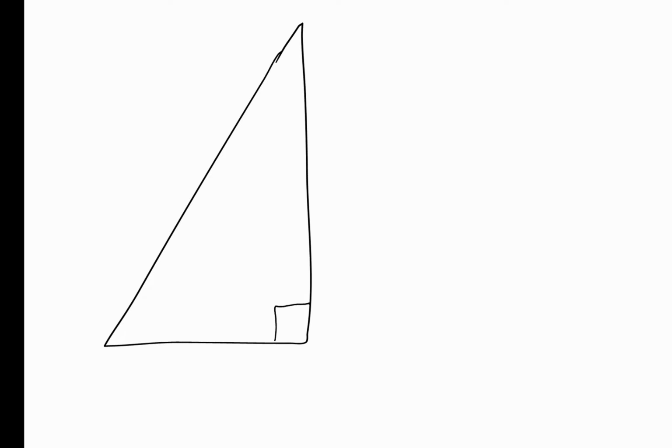Here's the right angle, and let me label one of the other smaller angles theta. Now recall that the longest side of the right-angled triangle is called the hypotenuse. Let me label the length of this side h.